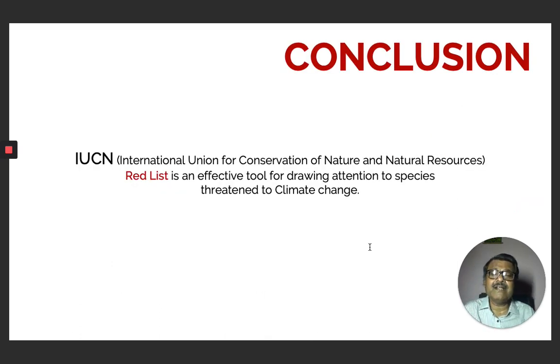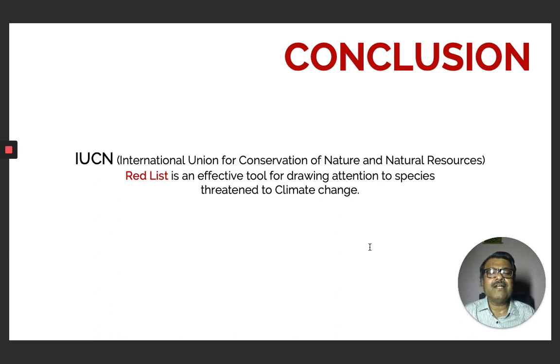So finally, the conclusion: what IUCN categories of threat do we conclude with? We have seen that IUCN is an international organization. What it is doing is conserving nature and natural resources.